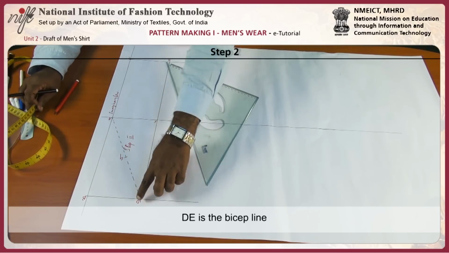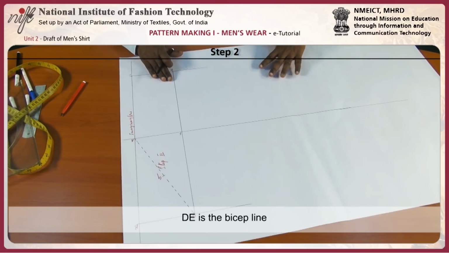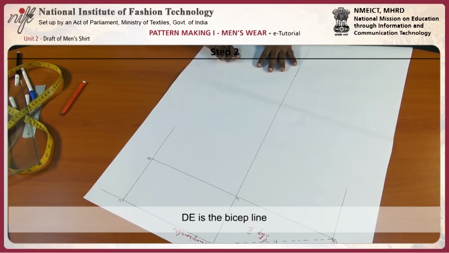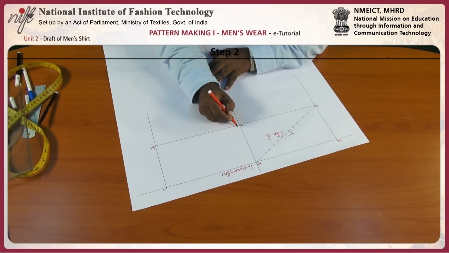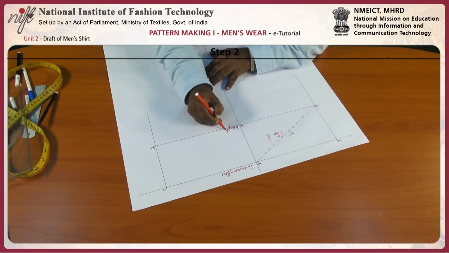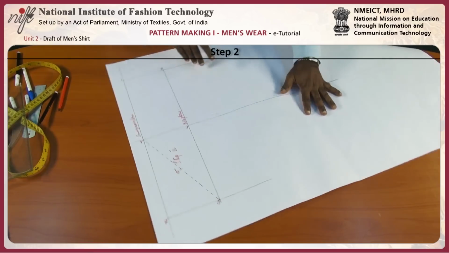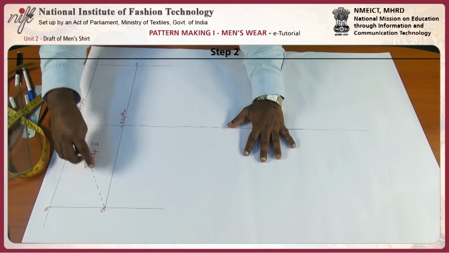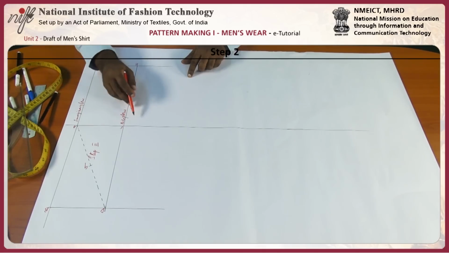Now DE line is the bicep line. DE is a bicep line. G to H 6 millimeter facing the bicep line.